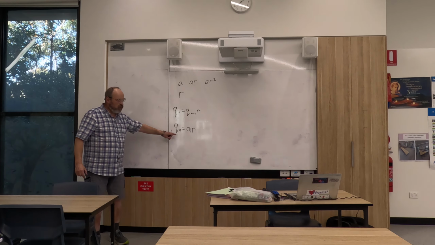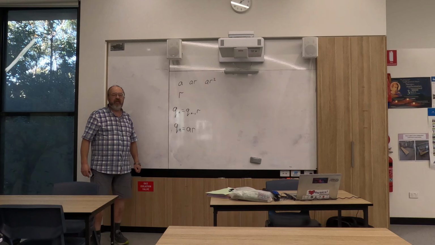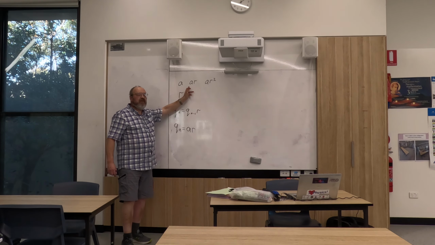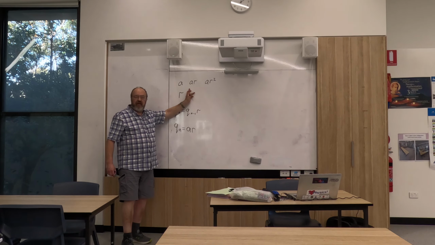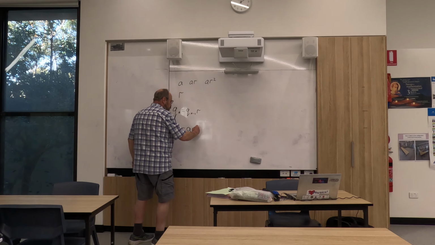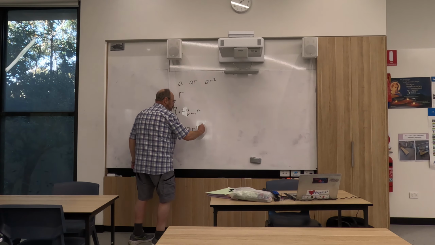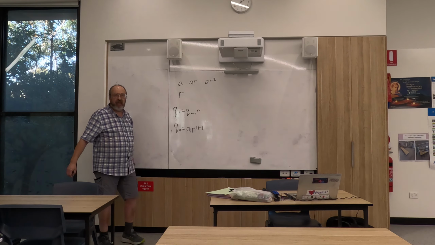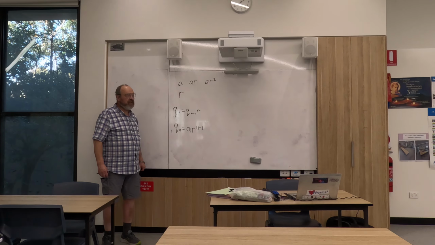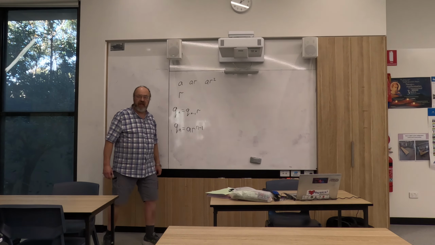How many times to get to n? You see, the second term has the common ratio to the power 1. So n minus 1. So the nth term is the first term times the common ratio to the power n minus 1. So that is the geometric sequence.